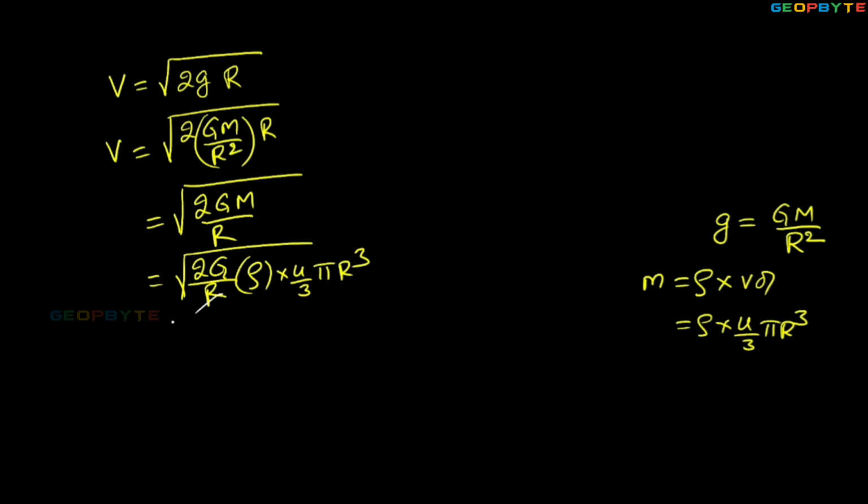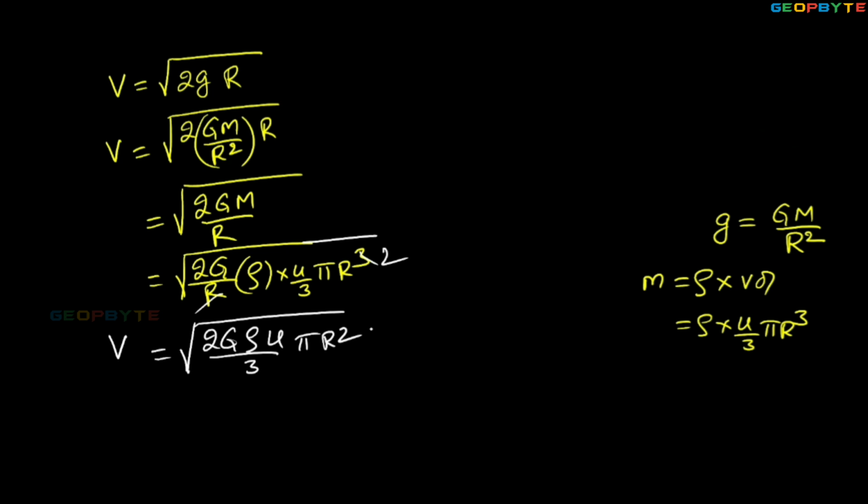One R is cancelled. V equals root over 2G rho into 4 by 3 pi R square. You know, density is constant, G is constant. From this, I can say that escape velocity is directly proportional to root under R square, or escape velocity is proportional to R.